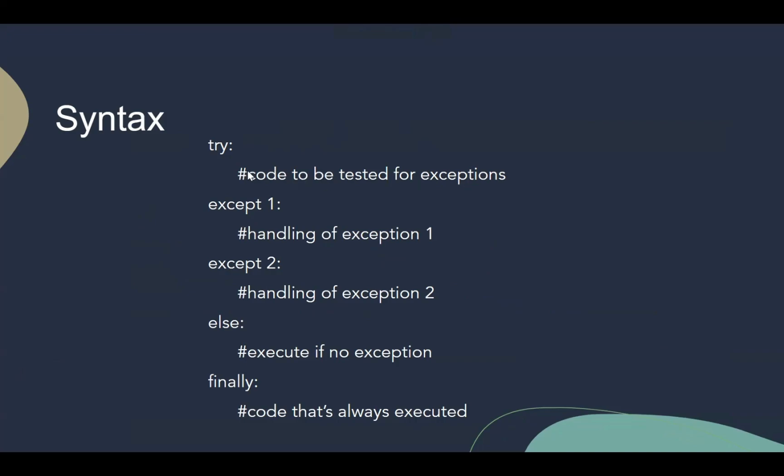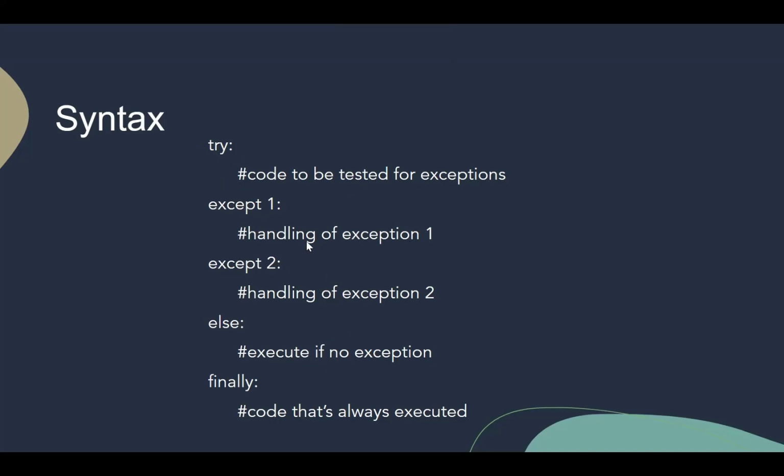So here is the code that you expect might break. So it'll try to run that. If it runs that code, no bugs, everything's good. It'll skip over the rest of these blocks, and then the program will keep going. But if this code does break, it'll move on to except one, and it'll handle exception one. You can always do more exceptions. If you have more than one exception, you do except two.